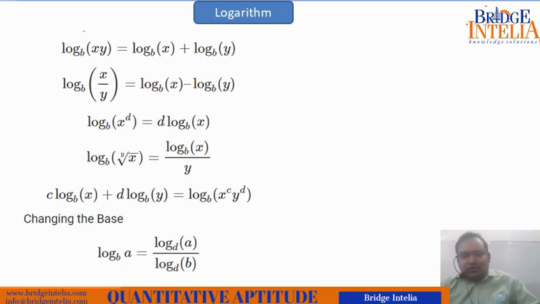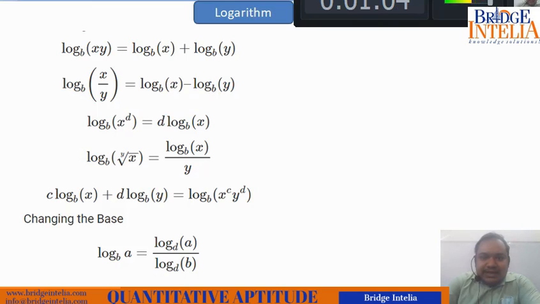The first and foremost rule is the rule of multiplication. What does this rule tell us? It tells us that log a into b can be written as log a plus log b. Let's take an example to highlight this.